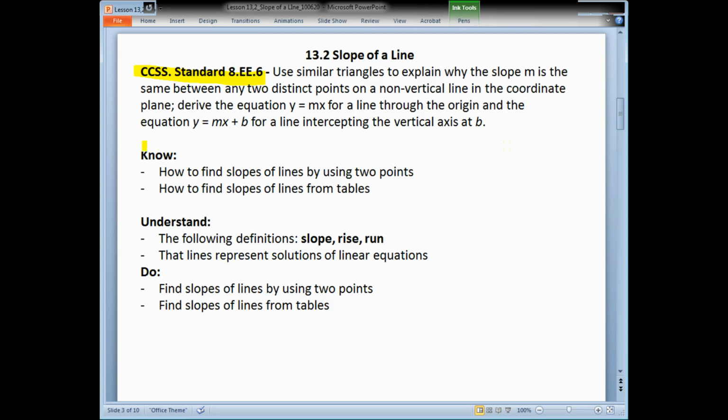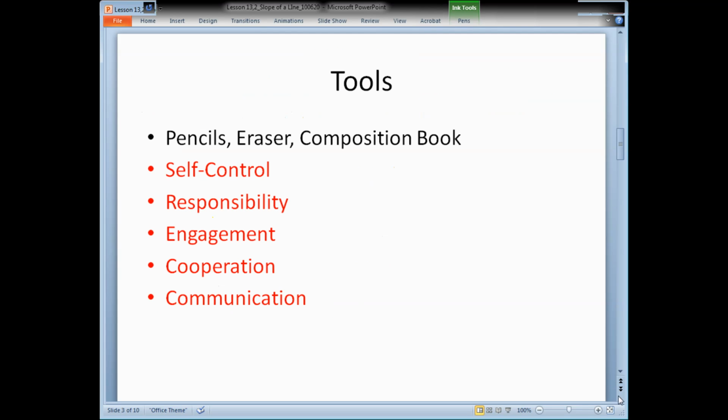So, what do you need to know, understand, and be able to do? You're going to need to know what slope is, what the terms rise and run mean when we're talking about slope. And you need to be able to find slopes of lines by using 2 points. You don't need 3, you just need 2. And how to find slopes of lines if you have a table. Okay, so let's do it.